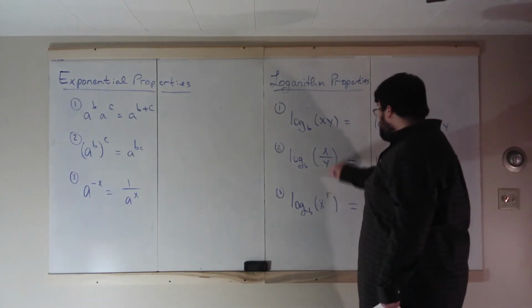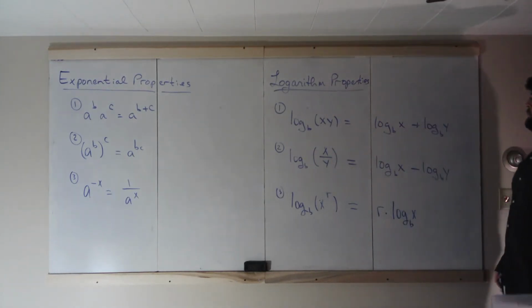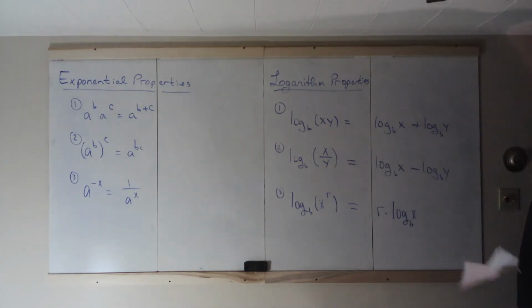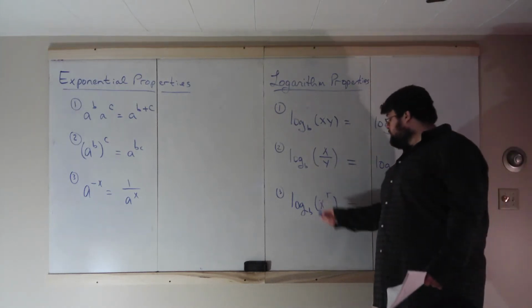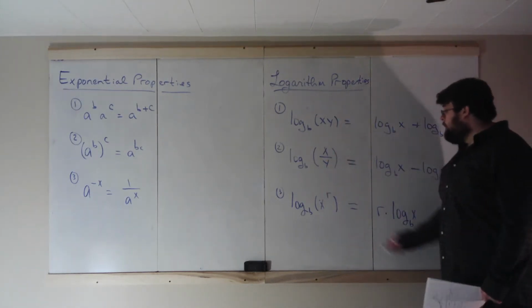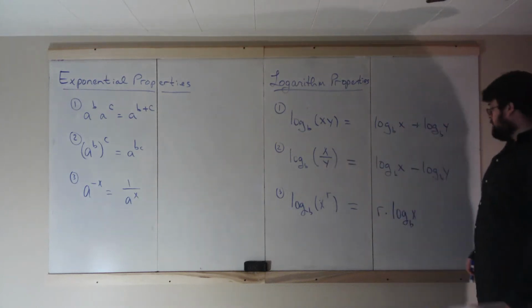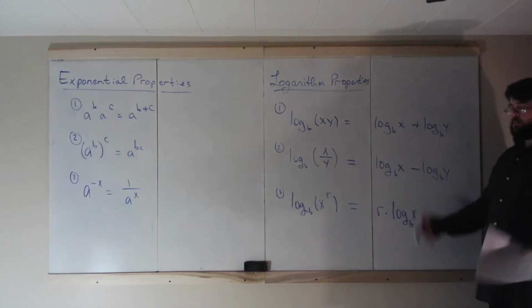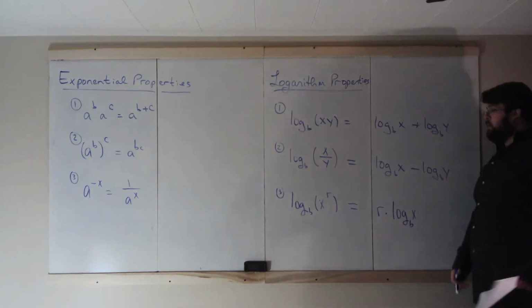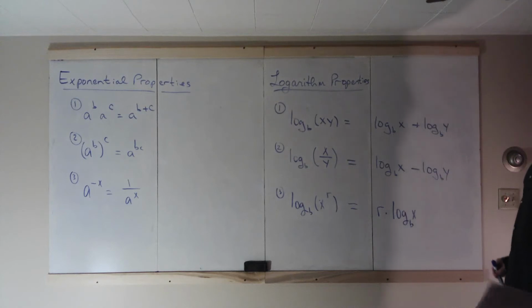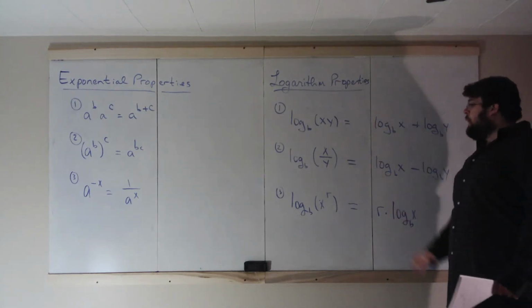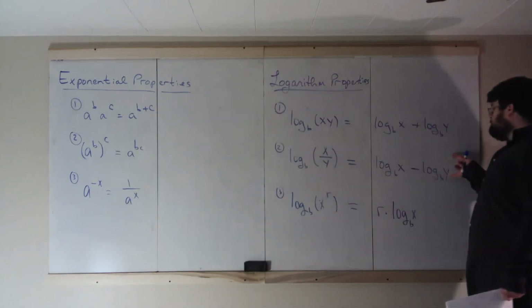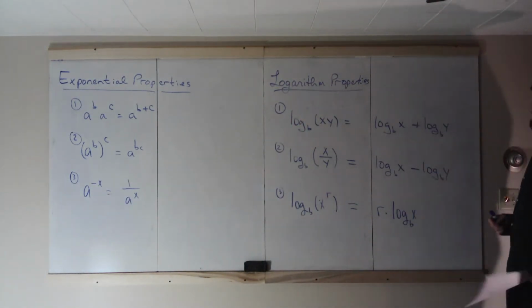Log of a quotient, x over y, splits into log of the top minus log of the bottom, preserving the base. Log of something raised to a number, that number can come out with multiplication. So log of x to something is that thing times log of x, again preserving base b. This middle property is actually just a combination of these two properties with that observation. So I sometimes don't even include this in the list, but I did today.